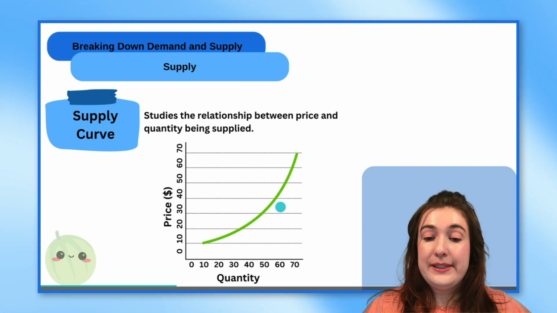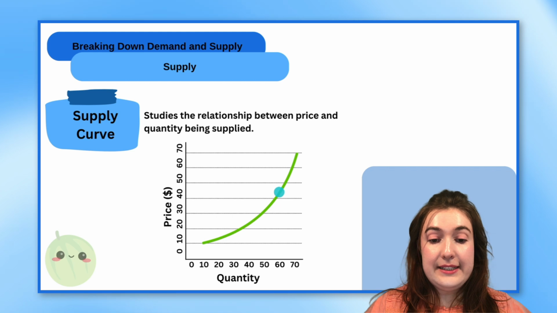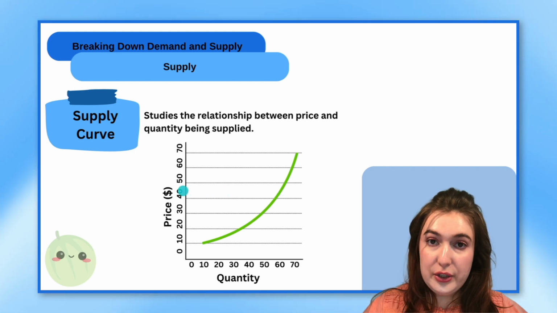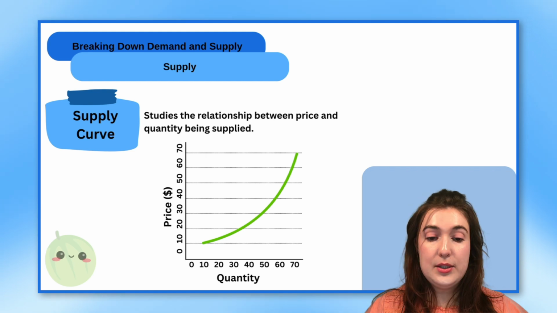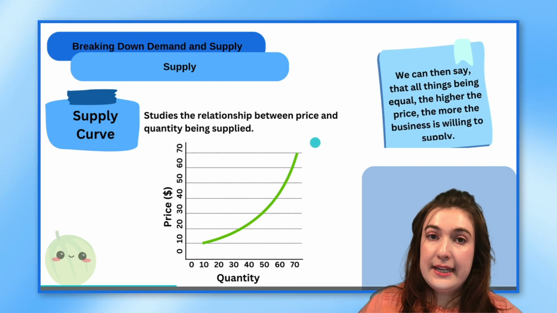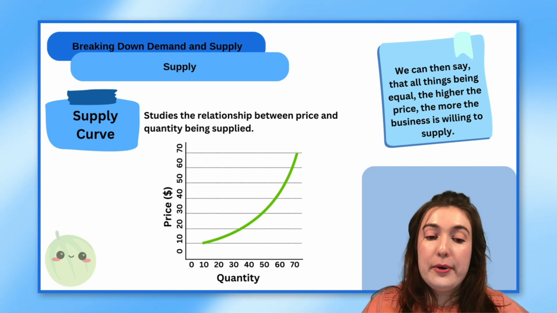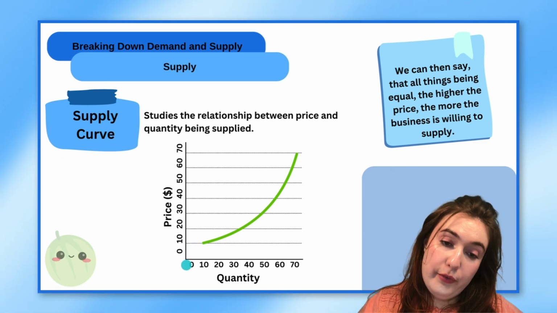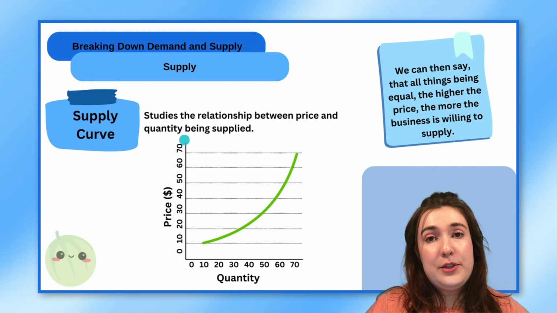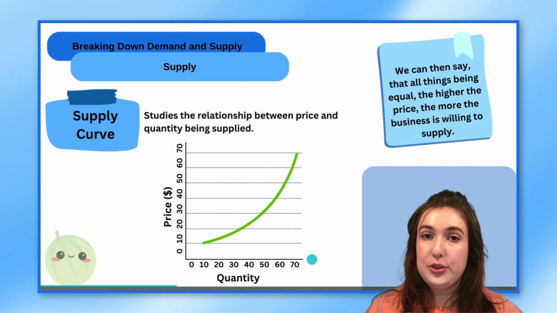That brings us up to roughly here on our curve, and that says that we now are going to be charging about $45 for those 60 blueberries. So basically, all things being equal, the higher our price is going here on our vertical axis, the more a business is going to be willing to supply. It just makes logical sense.